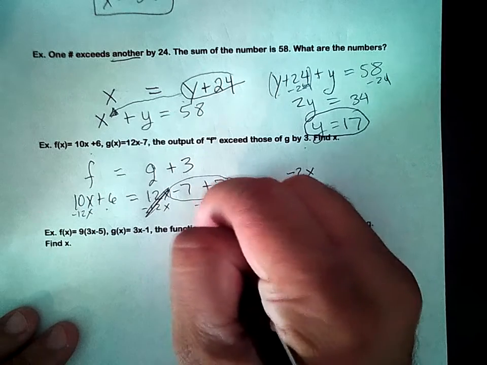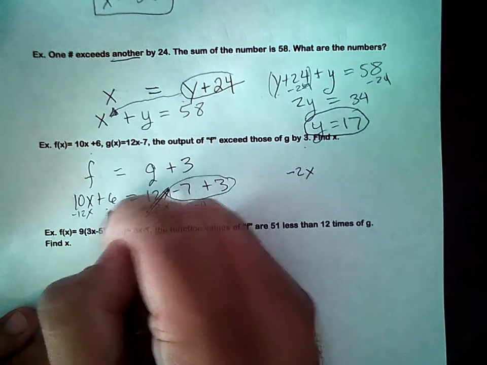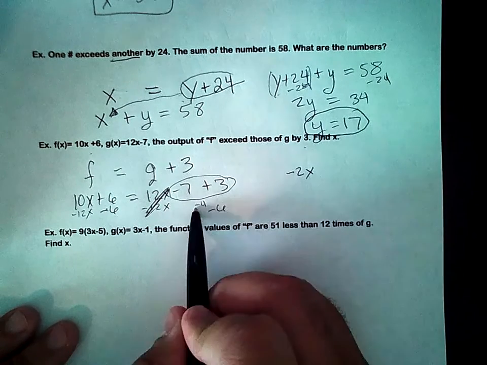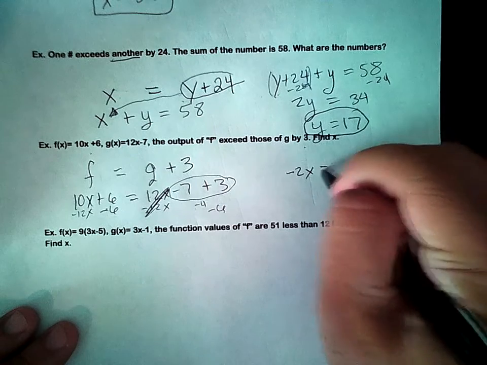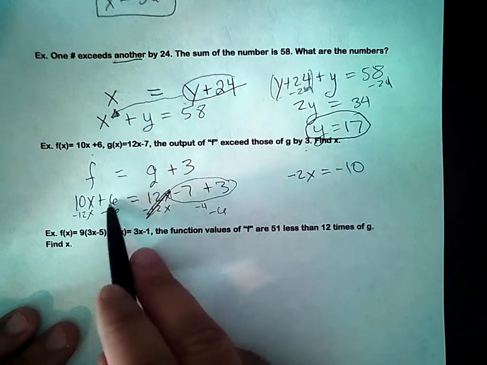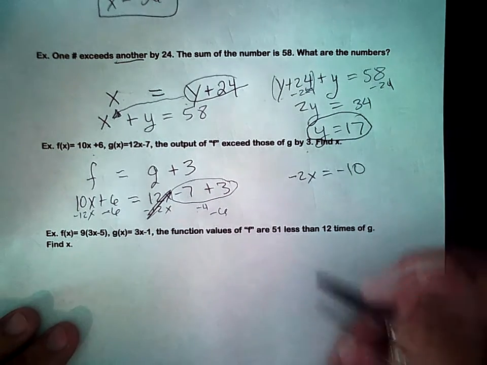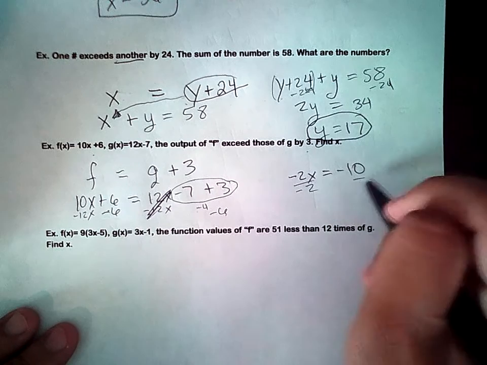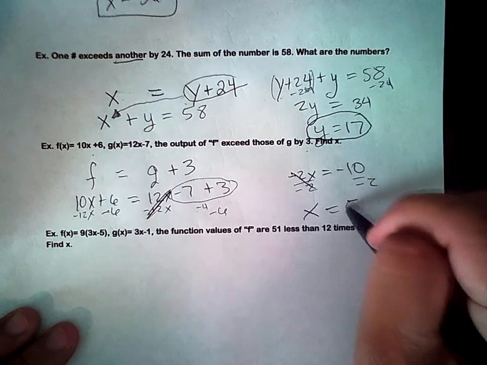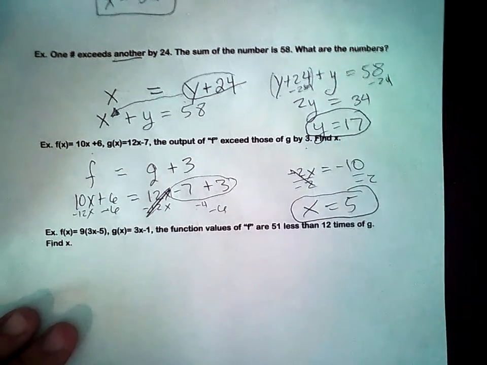Then I'm going to subtract 6 from this side and subtract 6 from this side. So what's negative 4 minus 6? That gives me negative 10. So I moved all the x's to the left and all the numbers that don't have an x to the right. Now I'm going to divide by negative 2 on both sides. These will cancel, I'll be left with x, and my final answer will be x equals 5.